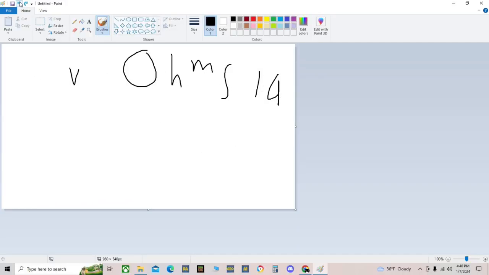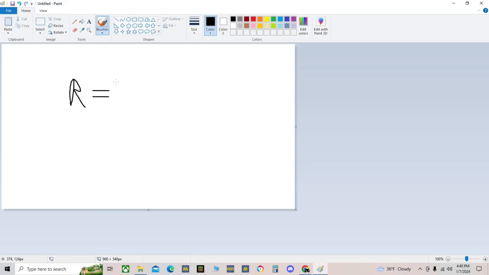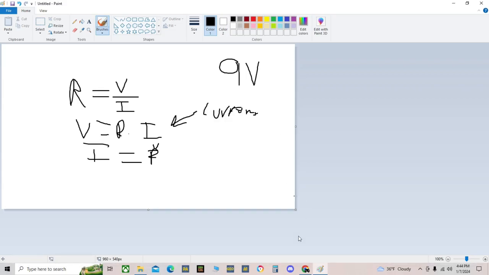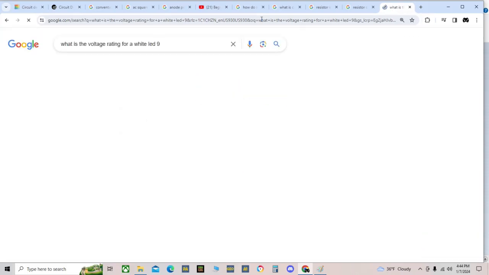Ohm's law states that R is equal to V over I. I is current, by the way. Let's say you have a 9-volt battery, and you need to power something. This is how you find the LED for everything.